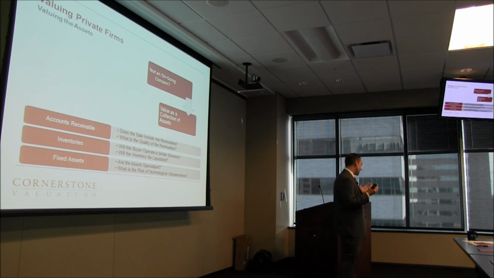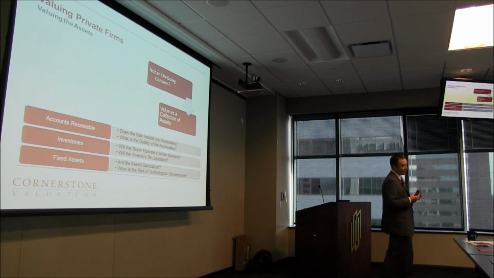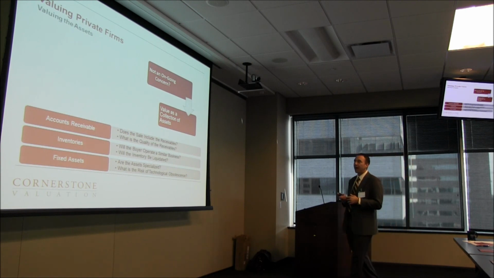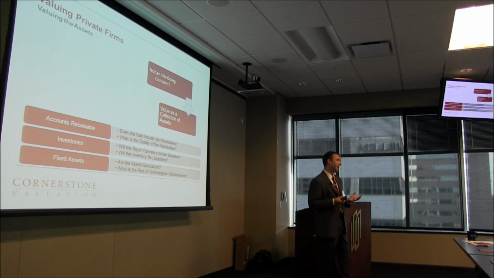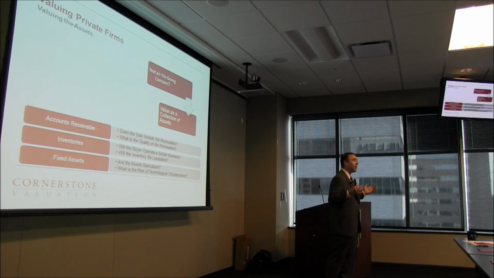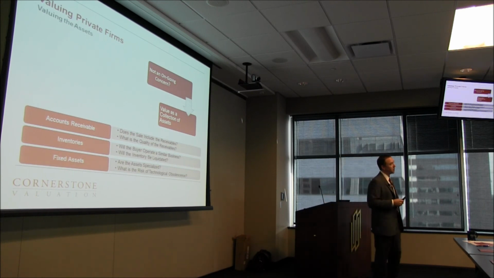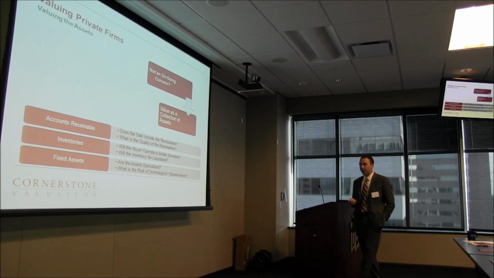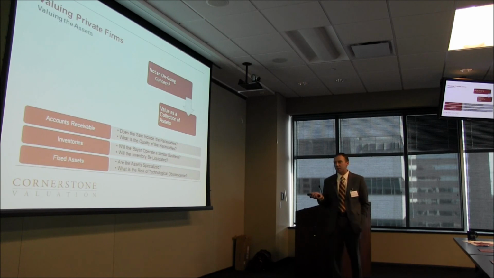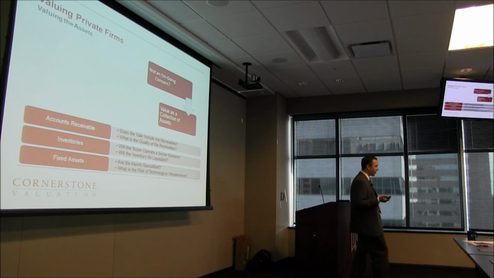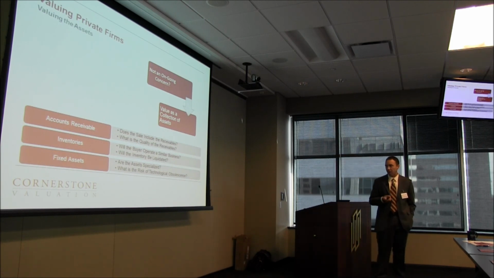And the theory is that some other buyer of these types of non-ongoing concern firms, some potential buyer, is going to take those assets and do something, either similar or different with them, make changes to the operation, etc. So we just look at it as a collection of assets, and some of the big assets that we're going to look at are accounts receivable, inventories, and fixed assets. And then there's some intangibles I'm going to talk about in a minute.